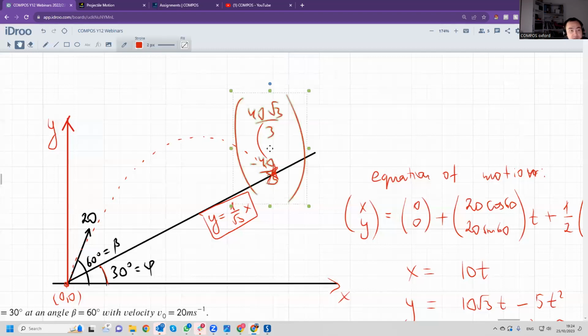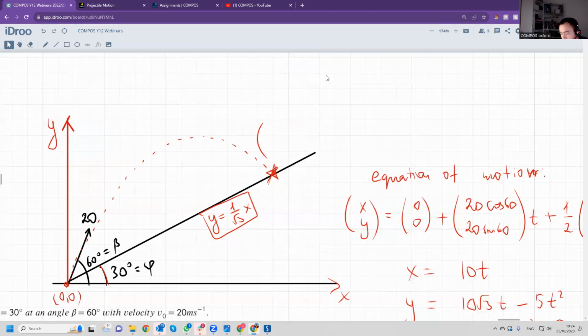We found that the time is 4 square root of 3 over 3. We found that this is the point where it hits the slope, and we need to find the distance. And the distance is the modulus of r.